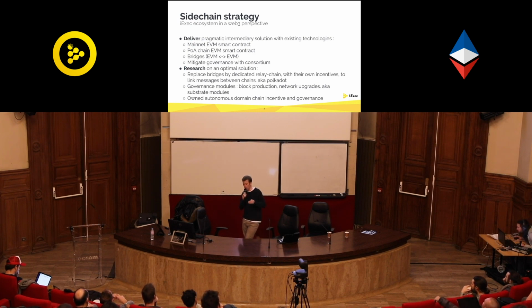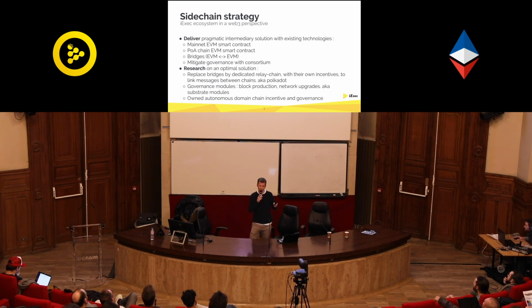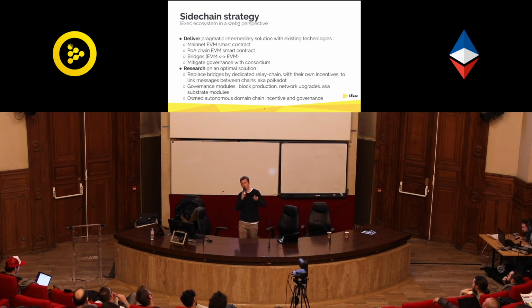And in parallel, we have research and we experiment with Substrate and the Polkadot ecosystem. The idea is, instead of using a bridge under a proof of authority, we can delegate this relaying messaging between chains to Polkadot, and Polkadot will have its own incentive to do this relay. So it's part of our idea about that.